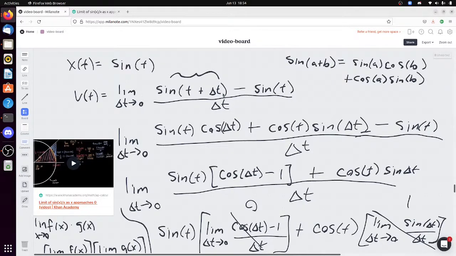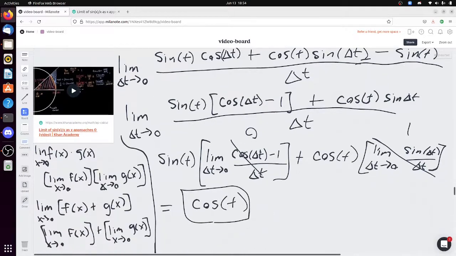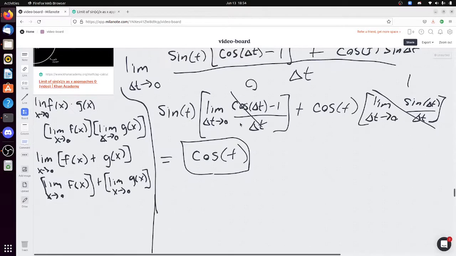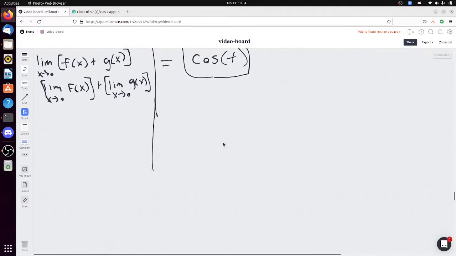And we're going to do the same thing with cosine in a minute here. But if you do this and you break it down to these limits, assuming that you can verify these limits, which you can, then this logic is actually solid. So I'm just going to leave that there.